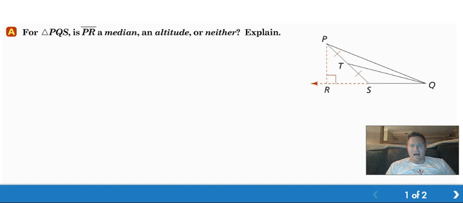But if I'm looking at PR, though, right here, so we're trying to find PR. I'm coming from one of the vertices right there, and it is a straight line, and it makes a 90-degree angle right there, so it's perpendicular. That right there is going to be my altitude. So I would say that is my altitude. And how do we know that?